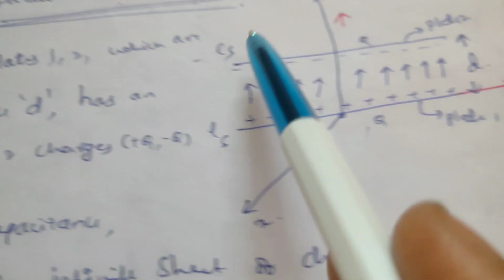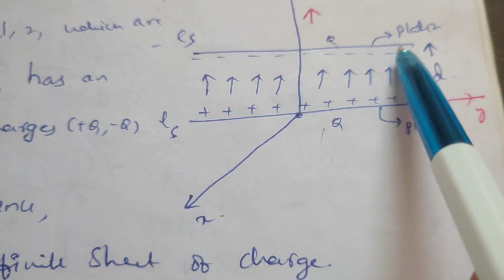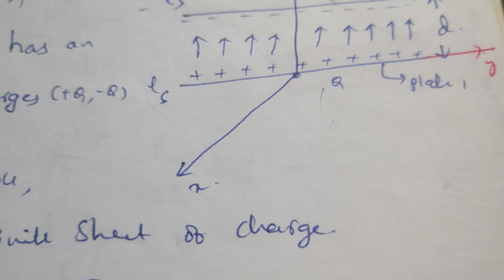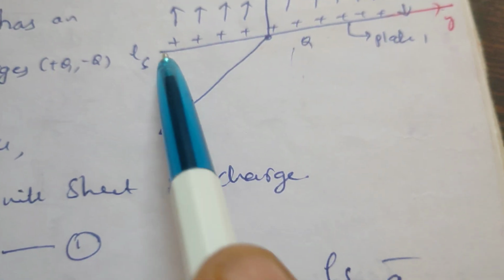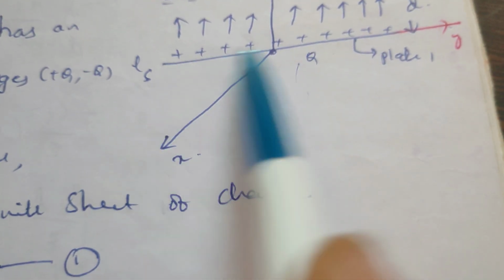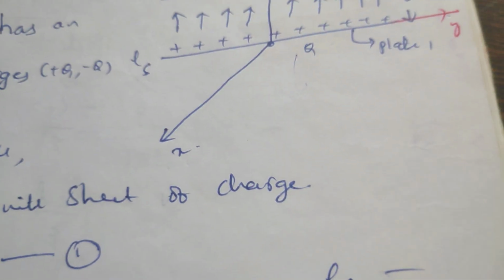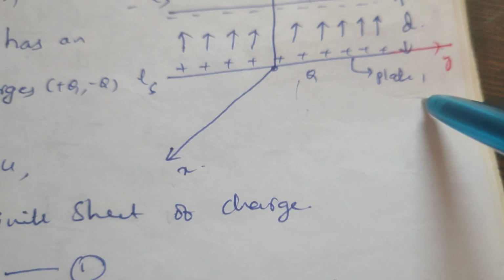For that purpose, here I am considering two parallel plates. Let us assume this is one infinite sheet, and another end will be here downside, which is of infinite length. Let us assume it is plate 1.